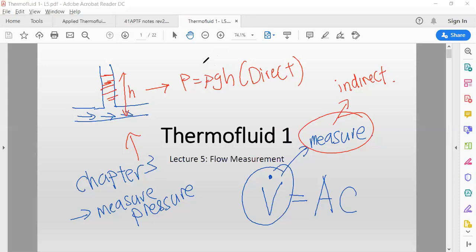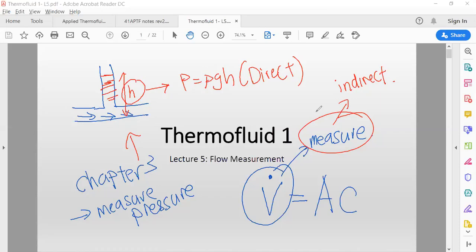What do I mean by indirect measurement? There is no physical parameter that we can observe for the flow rate. It's not like pressure, where we can actually observe the height. Flow rate is more like knowing how many liters are flowing through a cross-section area per unit time. So it's not as simple as pressure.